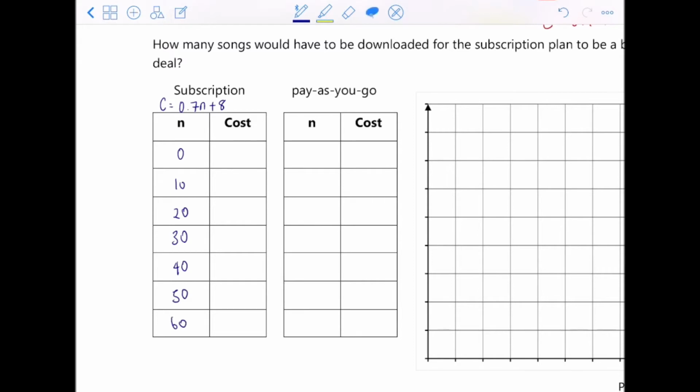And we'll keep the same thing here for pay-as-you-go as well. This time, our equation for pay-as-you-go is 0.9 times n. Notice that cost is in terms of n. So cost depends on the number of songs you download.